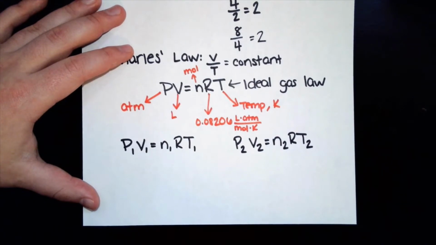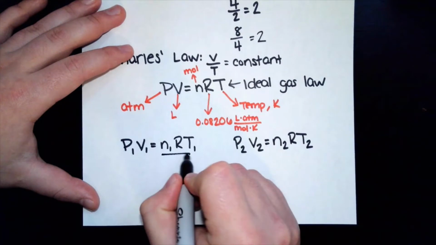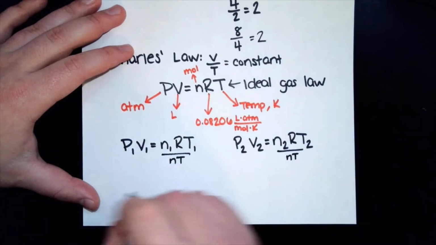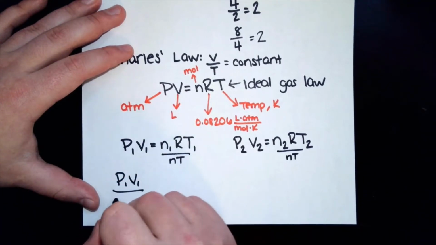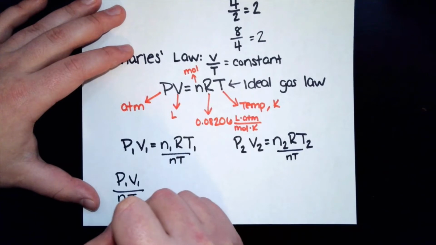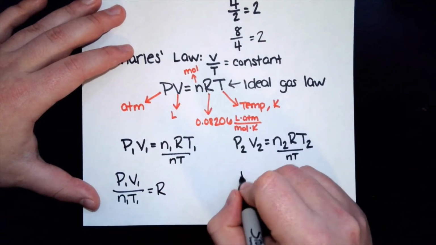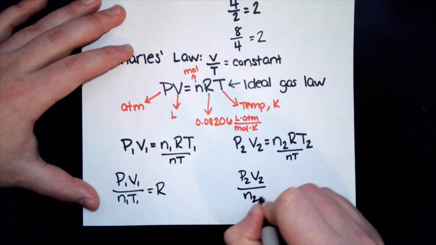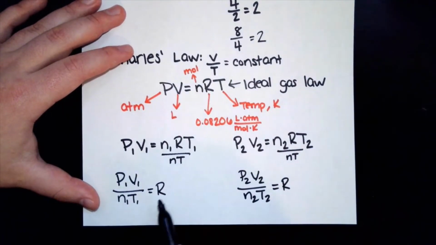Now, algebraically, if we were to solve for R, we'd have to divide both sides by nT. So we can say that P1 V1 over N1 T1 equals R. And likewise over here, P2 V2 over N2 T2 is equal to R. Remember, these R's, since it's a constant, are the exact same value.